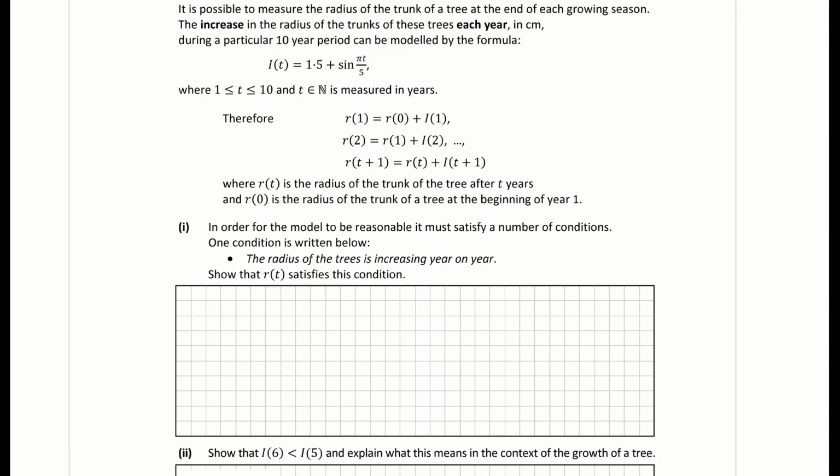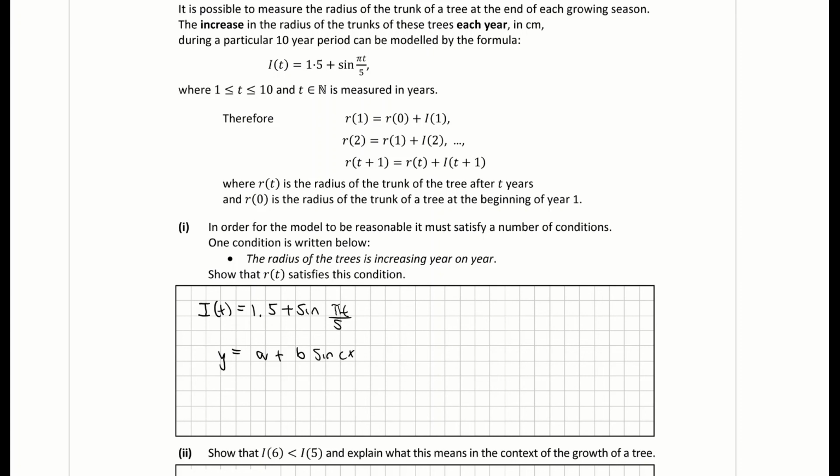Okay, so the formula that we're given is I is equal to 1.5 plus sine of pi times t over 5. Now, we know from our studies of trigonometry that a function can be written as y is equal to a plus b sine of c times x.